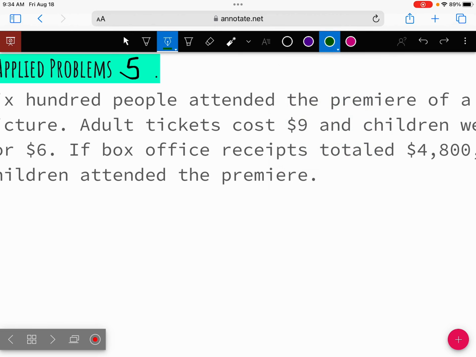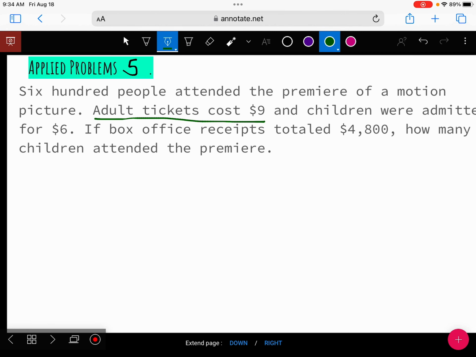So what we have is that adult tickets cost $9 and children cost $6. I don't know anything about adults or children, so we're going to call adults A, the number of adults. Now we're going to call C the number of kids.